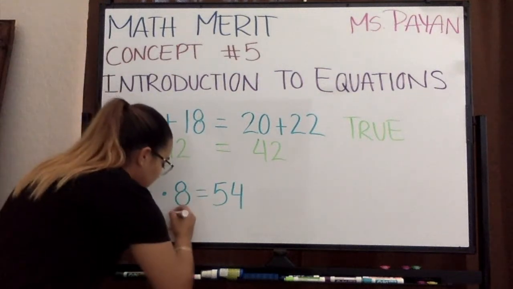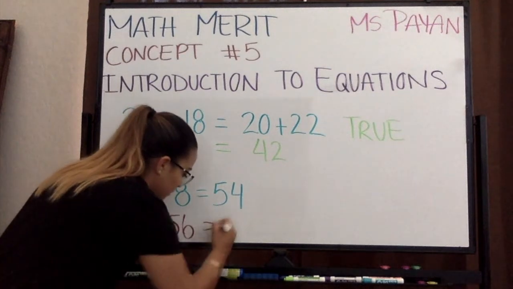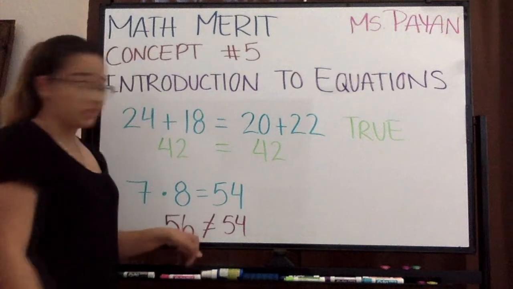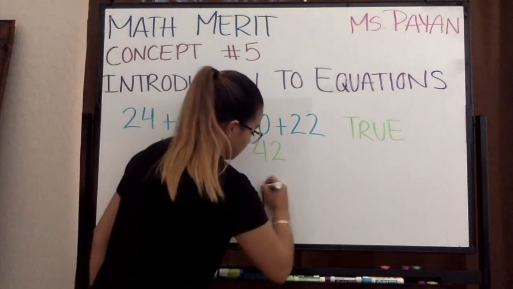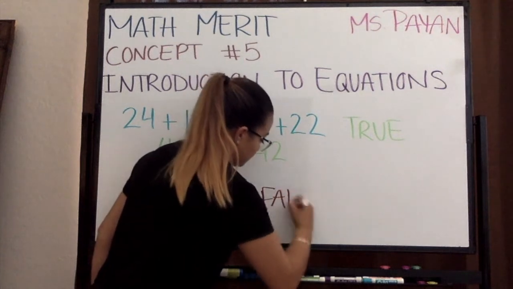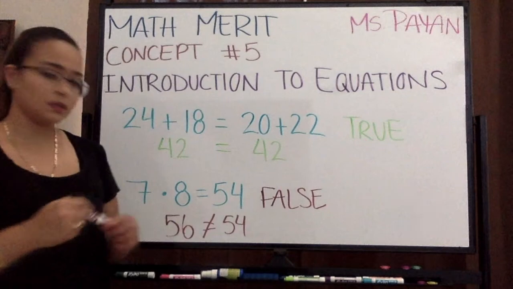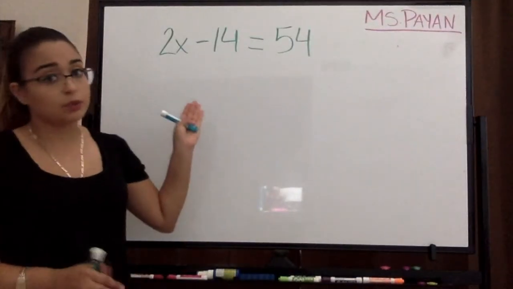So it'll look like this. Therefore, this is a false equation. Does that make sense?